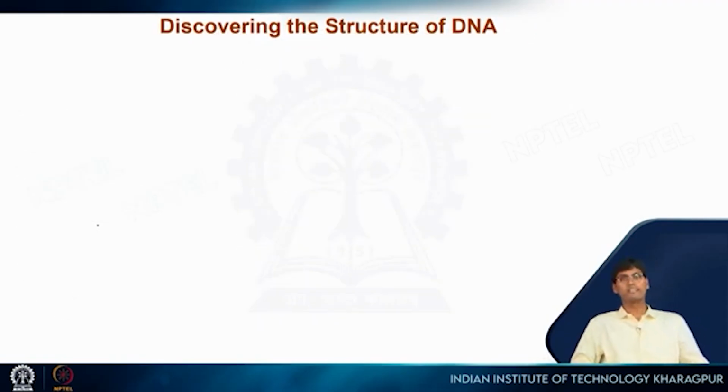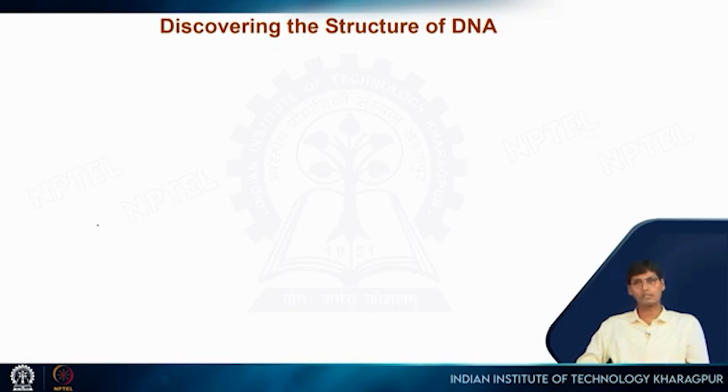Now, discovering the structure of DNA is a very important thing. Like at the beginning, when I started with the discovery of nucleic acid, many of us sometimes thought that DNA was discovered by Watson and Crick, but that is not true. At the beginning, I told you that almost 70 years before the discovery of the DNA structure, Friedrich Miescher discovered this nucleic acid.